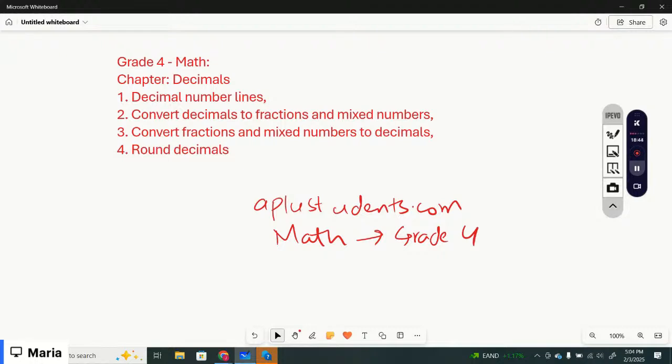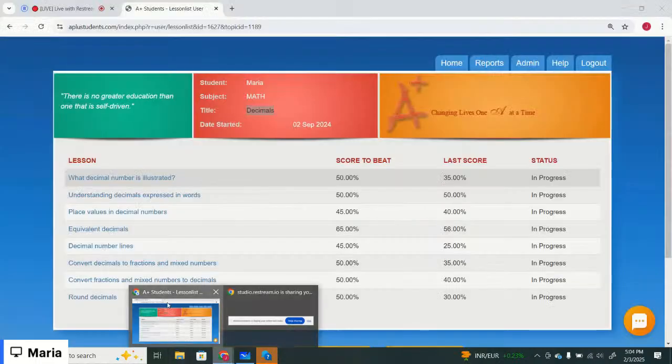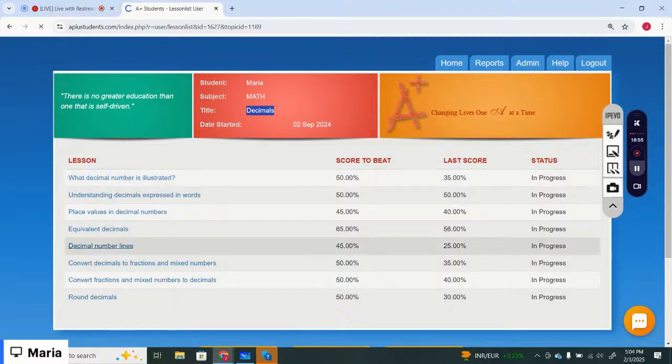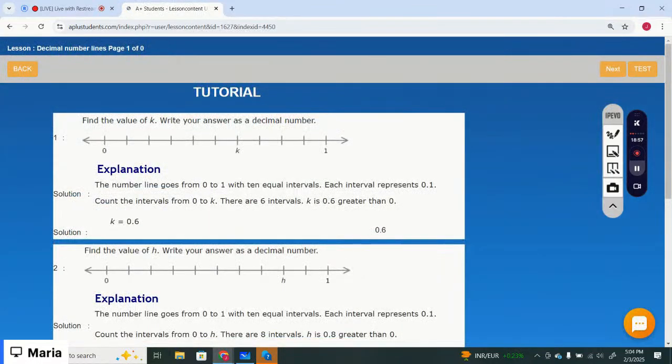So please make sure you have your notebook and pencil so that you can note down the important examples and definitions as well. Here I am on grade 4 math. The chapter we are on right now is decimals. Let's just start with the lesson, that is decimal number lines.